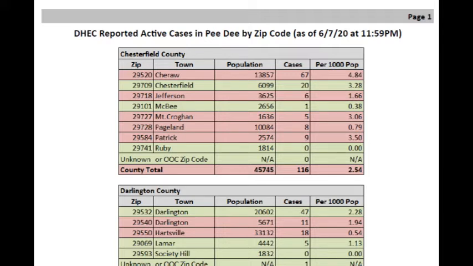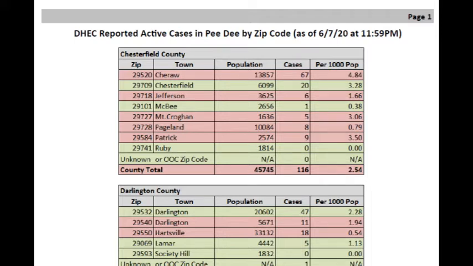You will also notice that some zip codes and towns are green and some are light red. These colors illustrate the zip codes where the number of active cases have increased from 1 week ago are in light red.